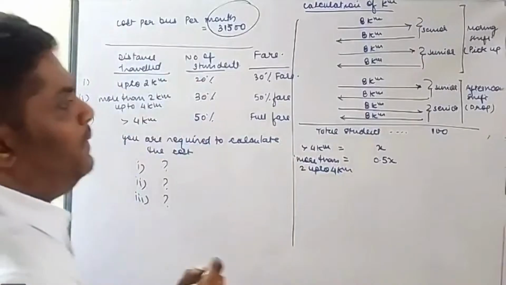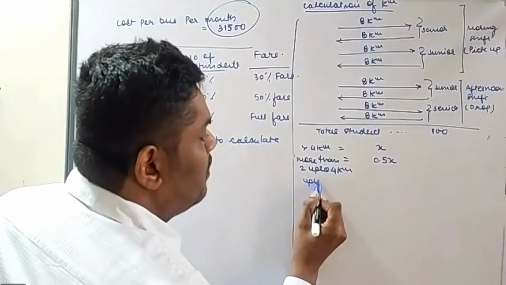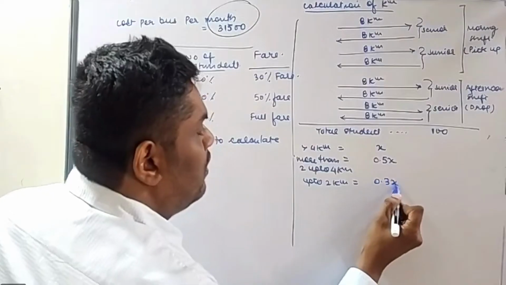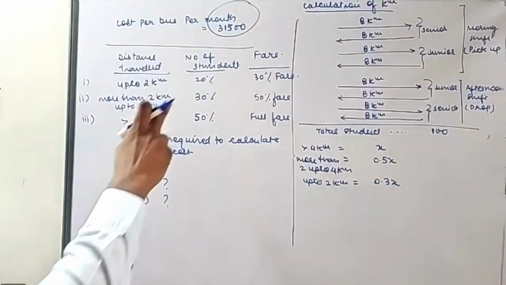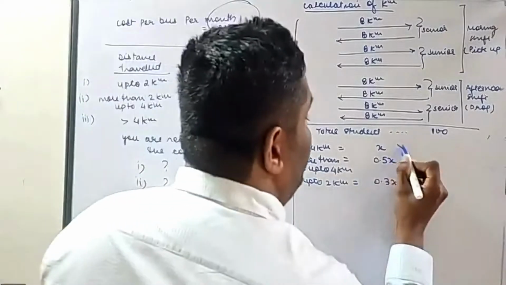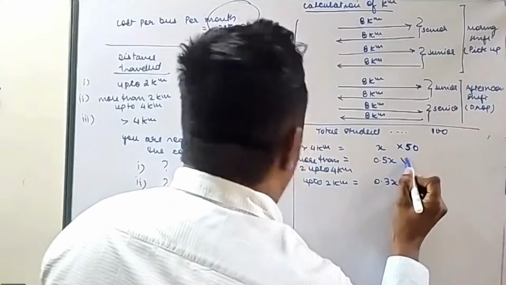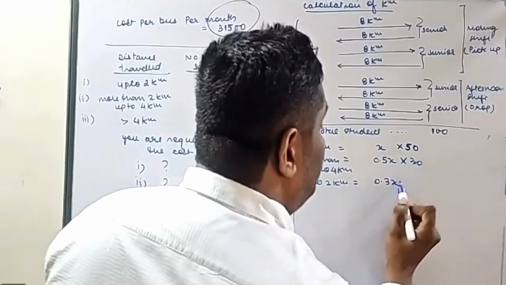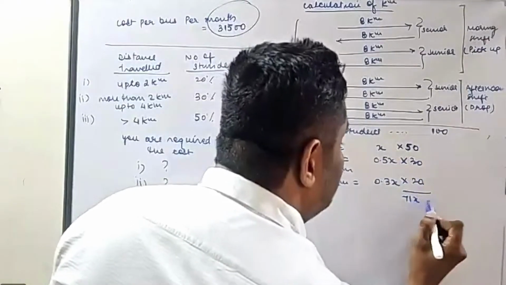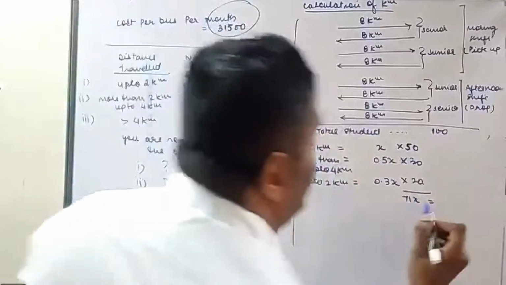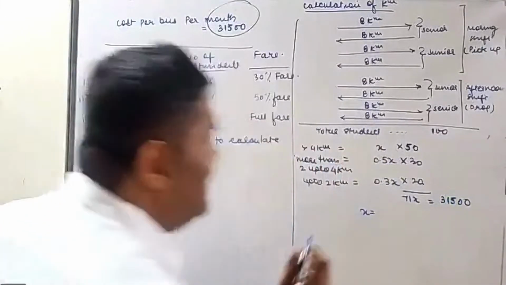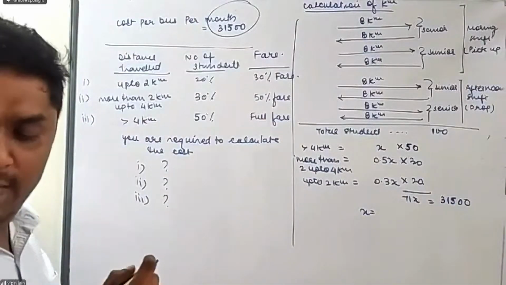And up to 2 kilometers, it will be 0.3X. When talking about the number of students, 20%, 30%, and 50%. So into 50, into 30, into 20. So 71X should be equal to 31,500. So the value of X will be 443.67.